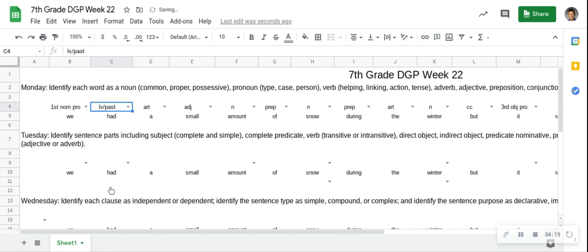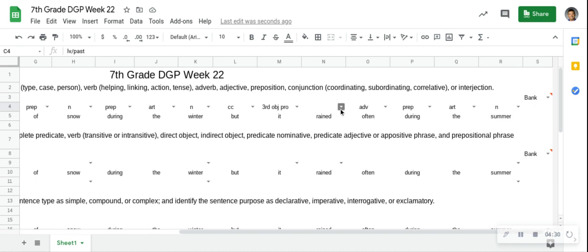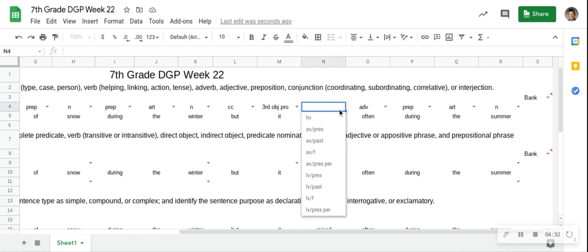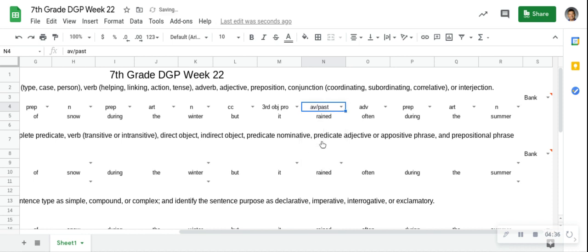Okay, if you look underneath linking, it's just telling us simply what we and then what it is we had. Okay, so it's linking this to a direct object. And then looking at our next one, rained is a verb, past tense.